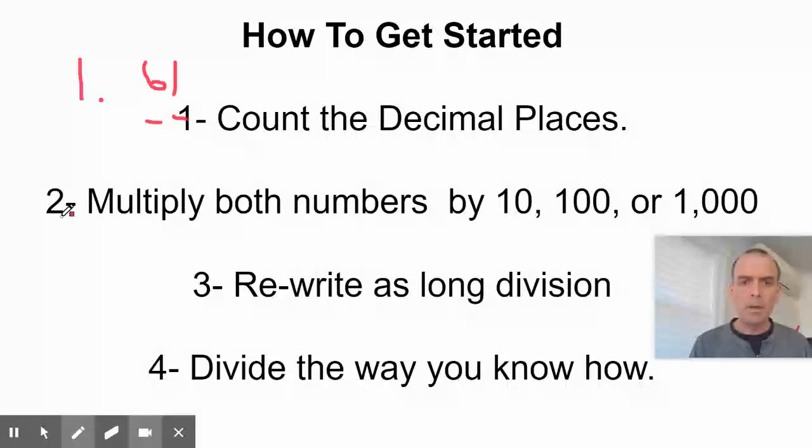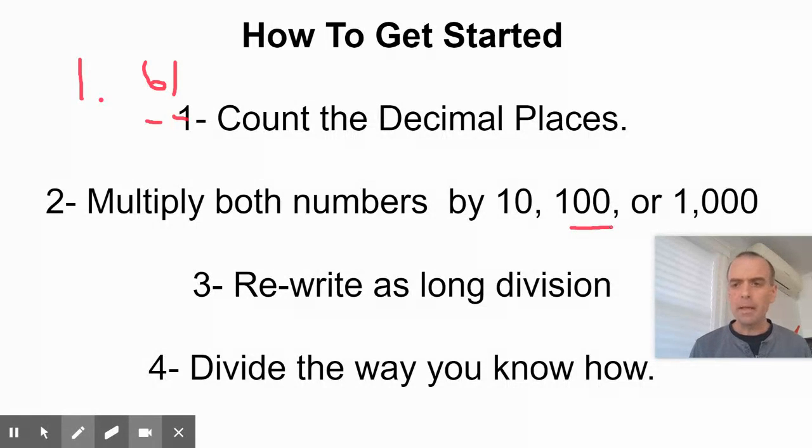Then you're going to multiply both numbers by 10, 100, or 1,000, based on how many digits there are. I have 2 digits here. If I want to get rid of the decimal, I need this number to be 2 digits bigger, so I'm going to choose 100. The 2 zeros tell me it'll move it 2 places.